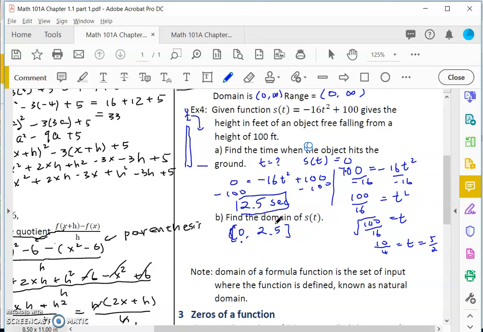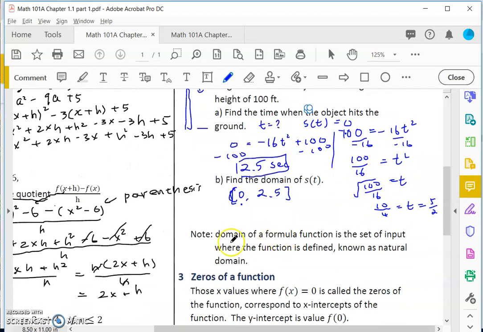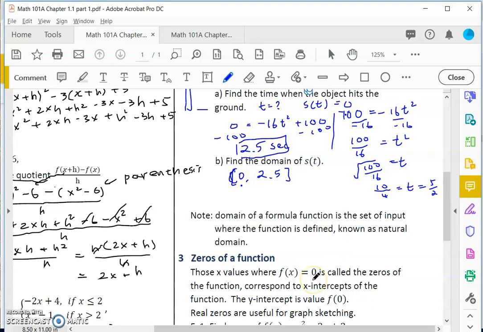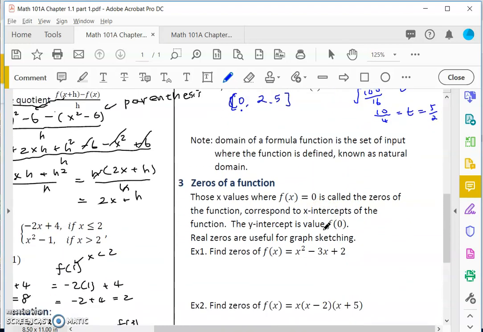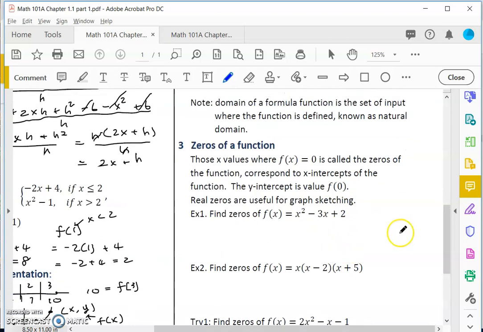So this formula is good for that. Notice the domain of a formula function is the set of inputs where the function is defined, known as the natural domain. So if someone writes a formula out, there is a natural domain that will let you calculate some output.